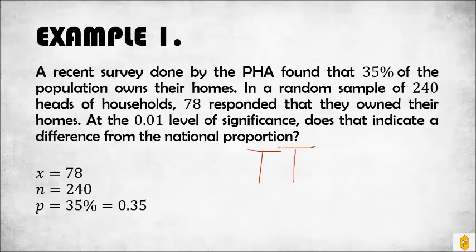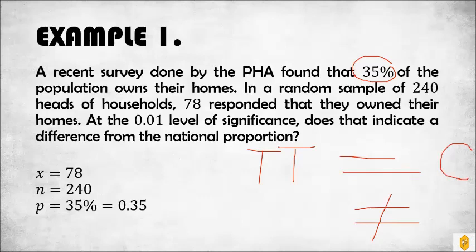Sa two-tailed test, ang symbols na ginagamit natin ay equal for null hypothesis, not equal for alternative hypothesis. And according sa problem natin, it is proven that 35% of the population owns their homes. Ibig sabihin, ang i-claim natin dyan is yung may equal sign, which is the null hypothesis.